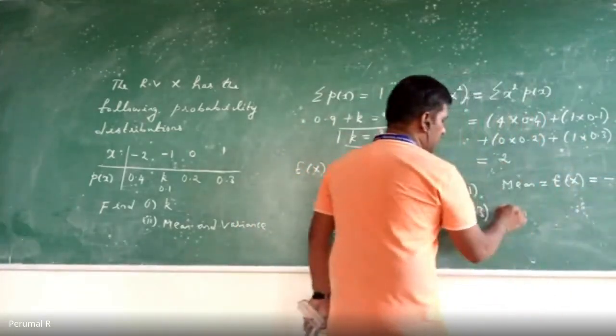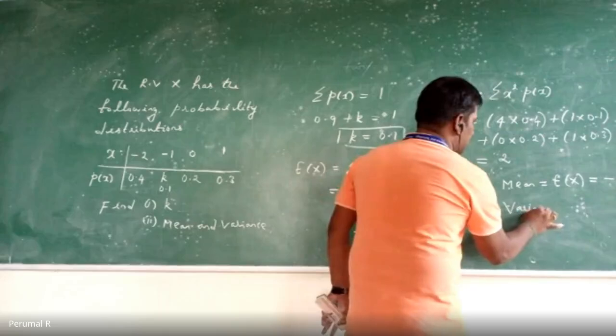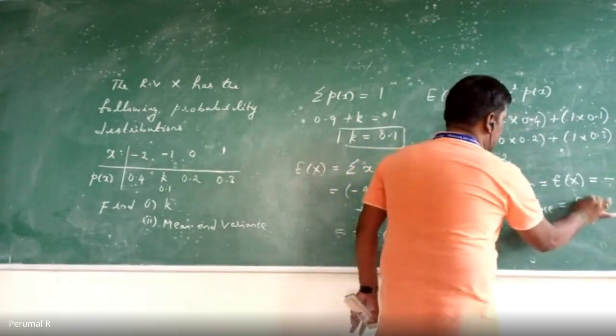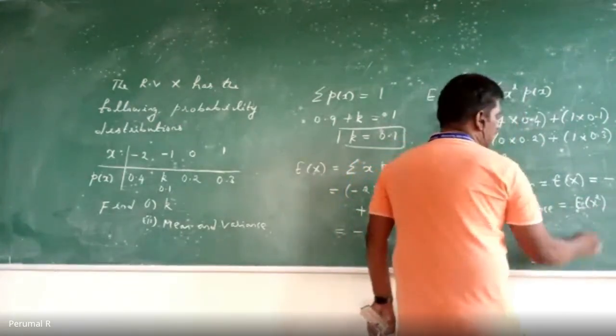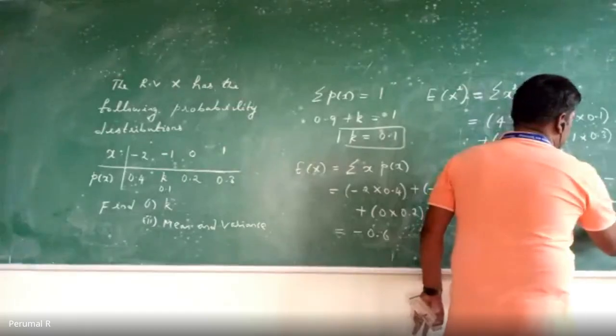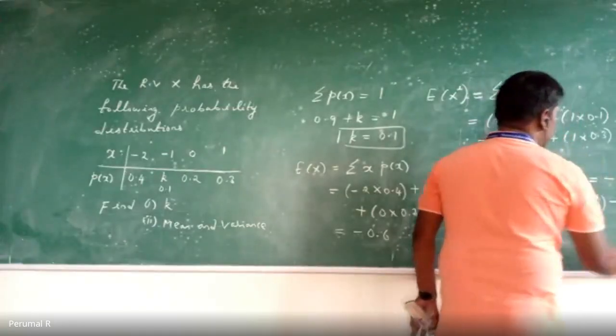So what is the variance? Expectation of X squared minus the expectation of X whole squared.